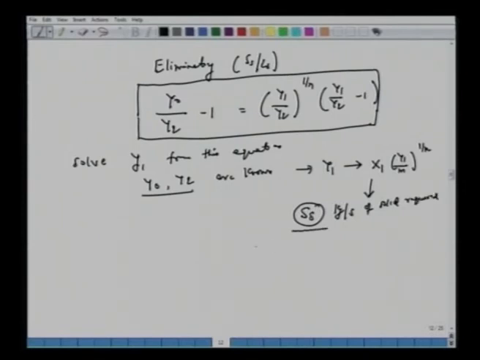That's the usual procedure. Of course, this requires some iteration, so from the iterations one can solve for y1, the intermediate concentration. Since y0 and y2 are known, we get x1.